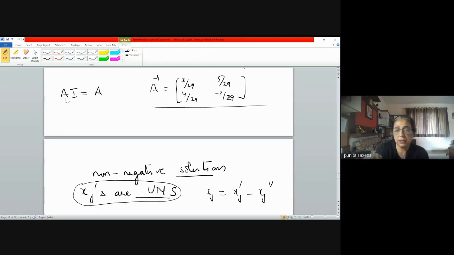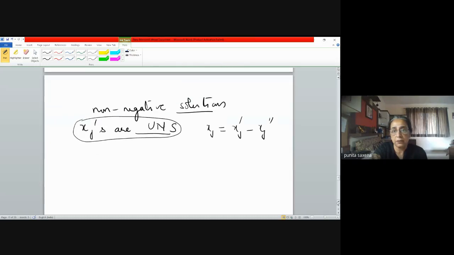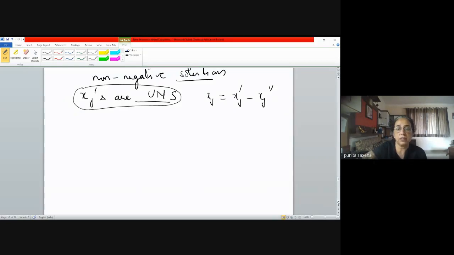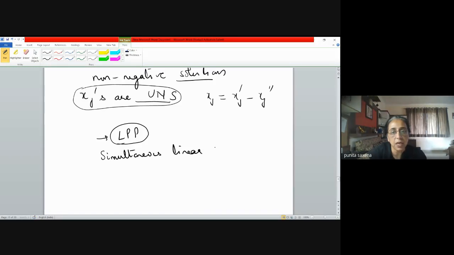Okay, so this was all about the two-phase method. We have seen that the two-phase method can not only be used to solve a given linear programming problem, which is definitely the primary objective being fulfilled, but we can also use it to solve a system of simultaneous linear equations, and we can also use it to find the inverse of matrices.